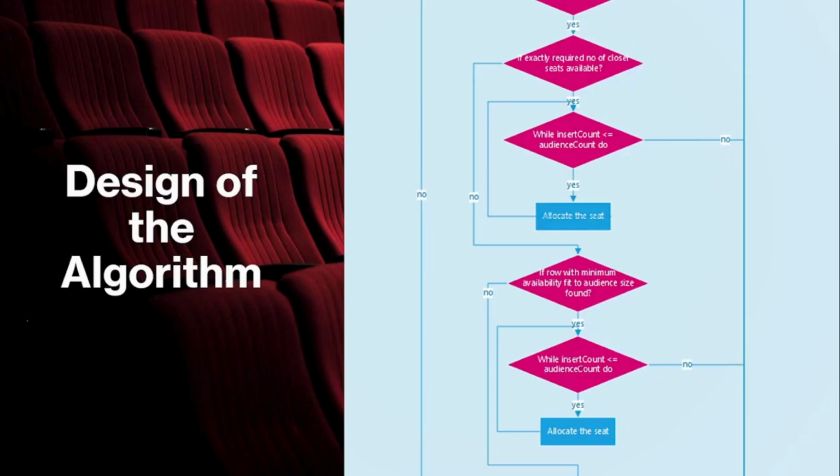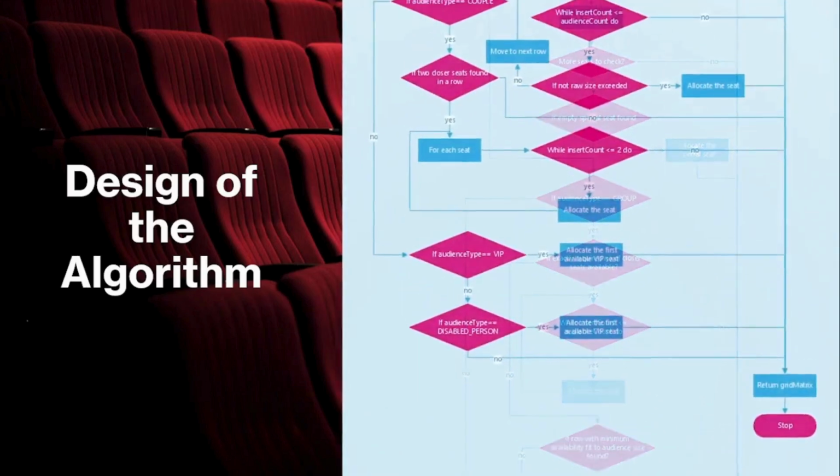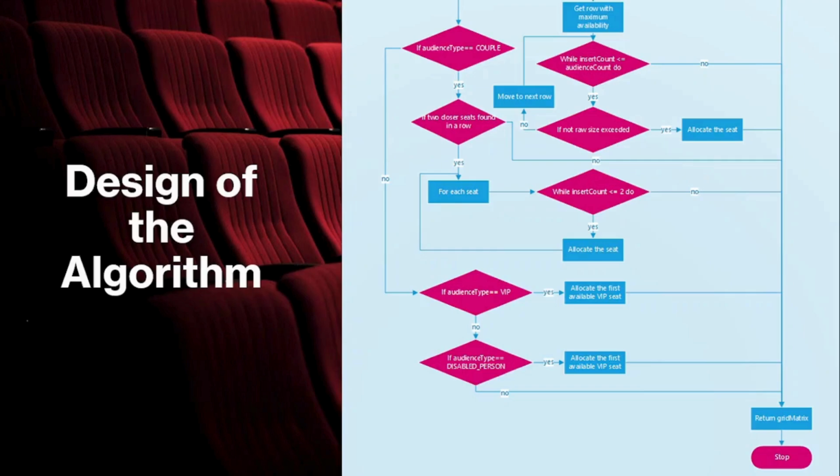If such seats also can't be found, that means the row size will be exceeded in any way. In such cases, the algorithm fills the maximum sized row with the group, and the rest of the people will be moved to the next line.